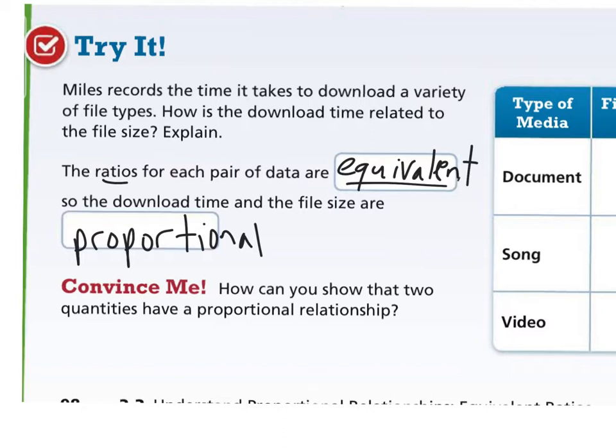So the Convince Me says, how can you show two quantities have a proportional relationship? And that would be by showing that their ratios are equivalent.